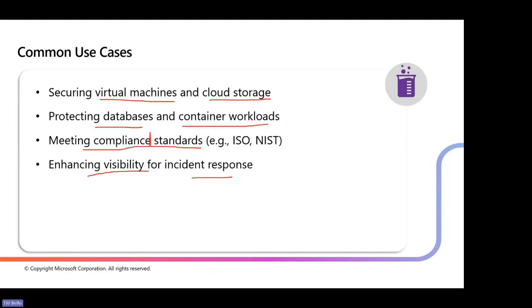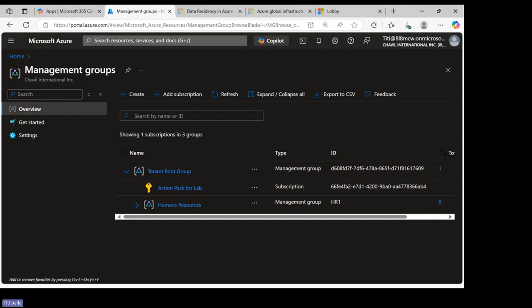So let's see very quickly, before we move to the next topic, a way to quickly check and apply Defender for Cloud, the free tier. We'll deal with the free tier.